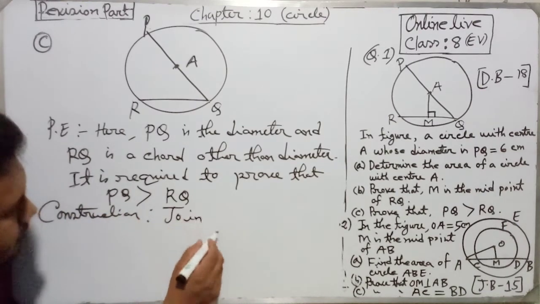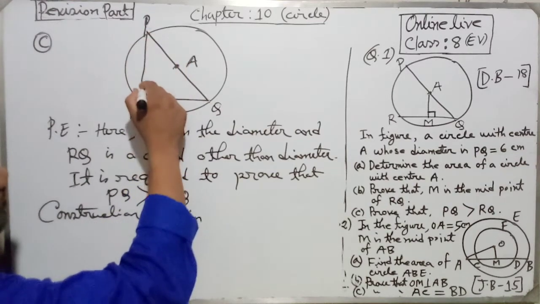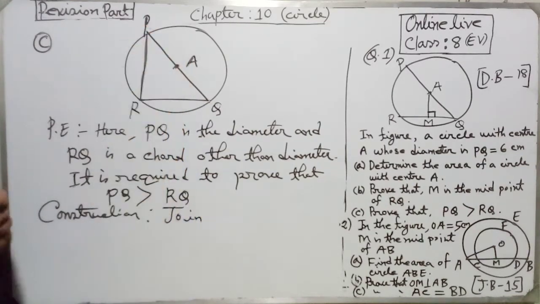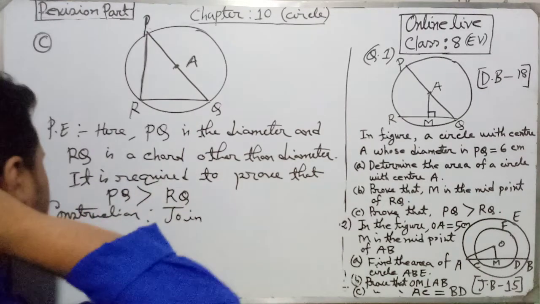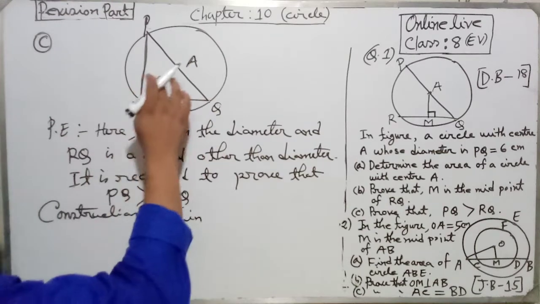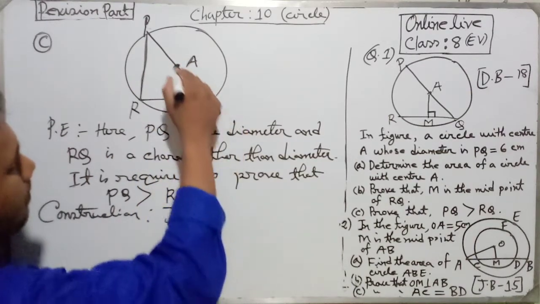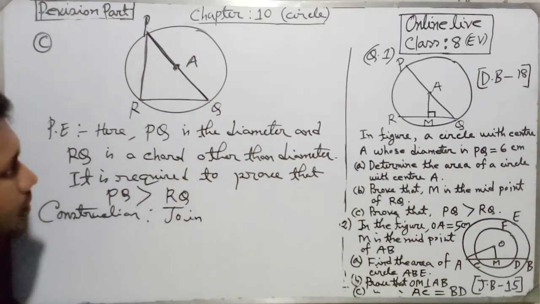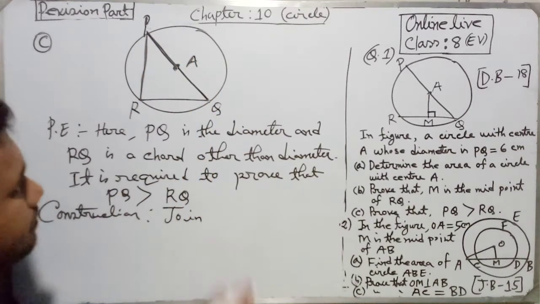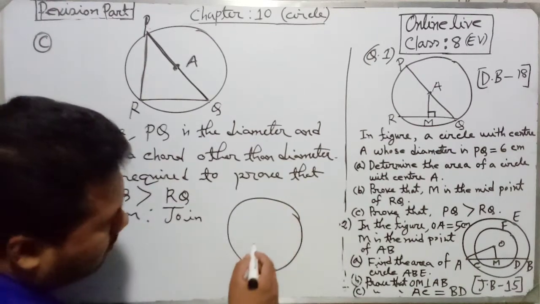join R and A. We can join this one, or look dear students, this one, look, this one, this is in our math book example 4.